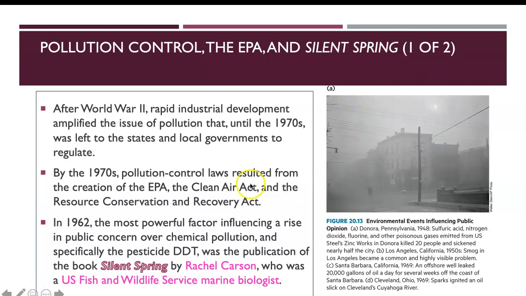By the 1970s, pollution control laws resulted from the creation of the EPA, the Clean Air Act, and the Resource Conservation and Recovery Act. I emphasize again and again: around 1970, because the EPA was founded and those important laws were made and carried out, that's why we have decent quality of air and water today.